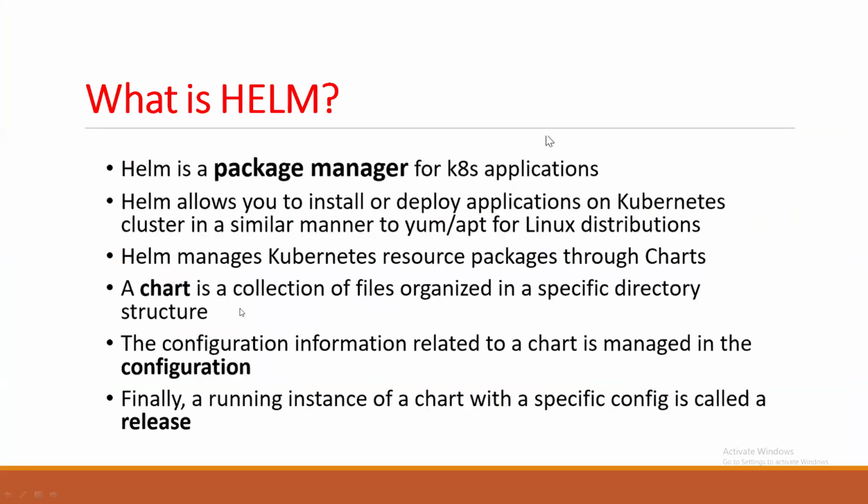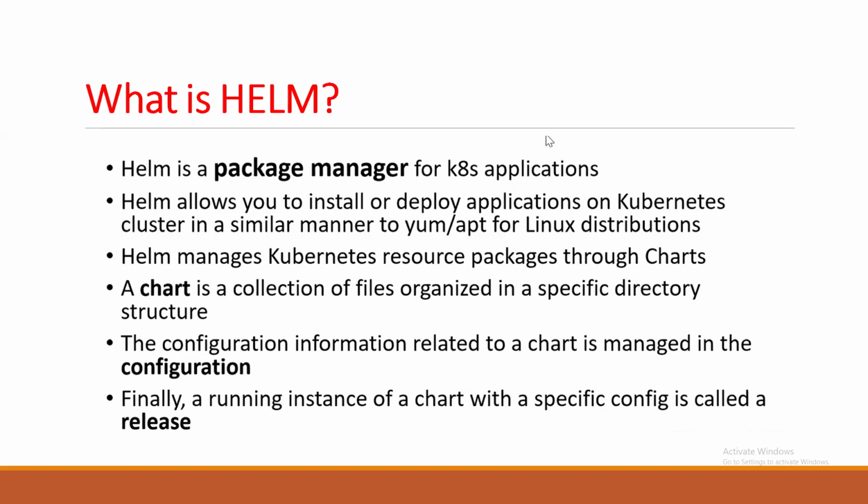So what is Helm? Helm is a package manager for Kubernetes applications. Helm allows you to install or deploy applications on a Kubernetes cluster in a similar manner to yum and apt for the Linux distributions. Helm manages Kubernetes resource packages through charts.